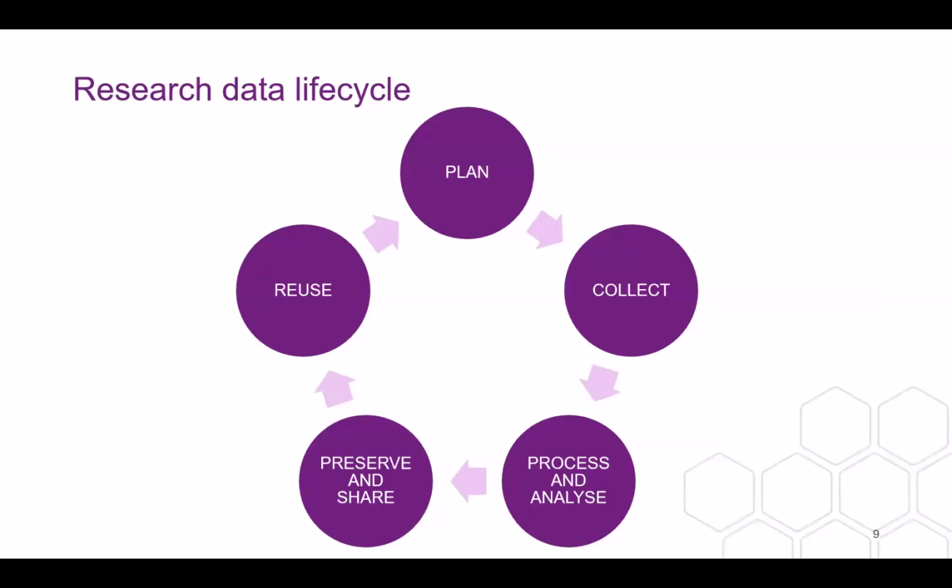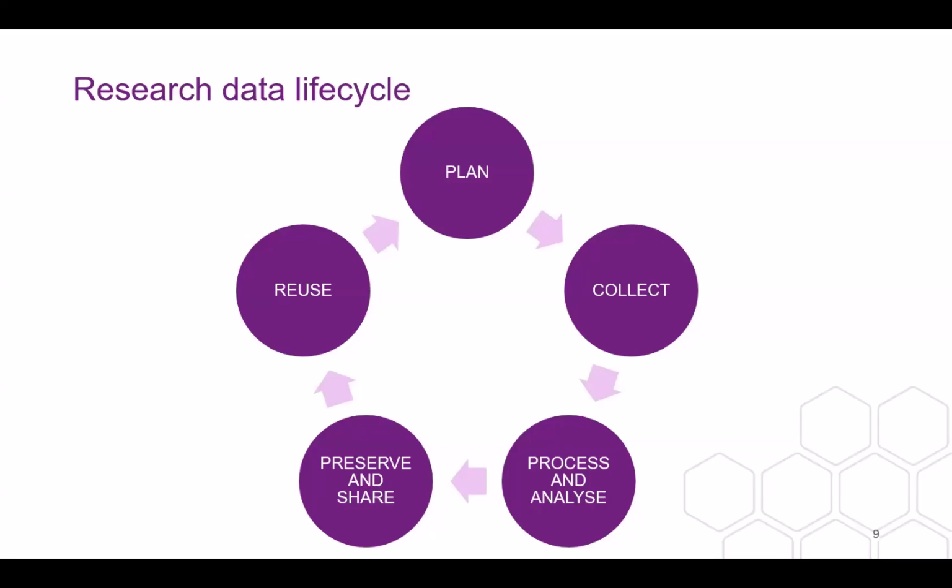So the research data lifecycle describes the journey of data through different stages in the research process. It begins with planning, where researchers design how data will be generated and managed. Then next is collection, which involves gathering data through experiments, observations, or even secondary sources. Once collected, data is processed and analyzed to clean, structure, and extract meaningful insights.